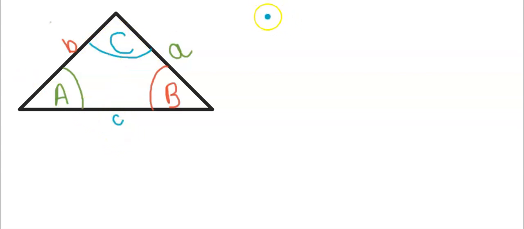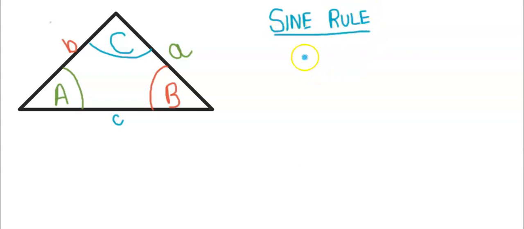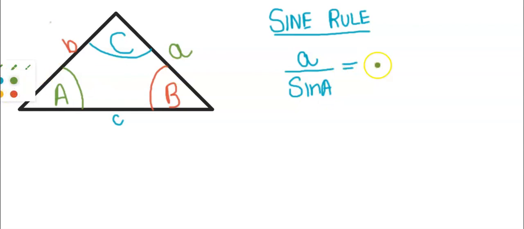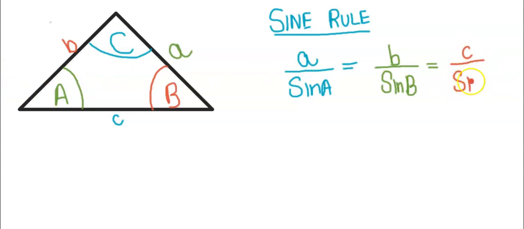Then we have a formula called sine rule. So let's start with the sine rule. Sine rule is a over sine A equals b over sine B equals c over sine C. That's the sine rule.